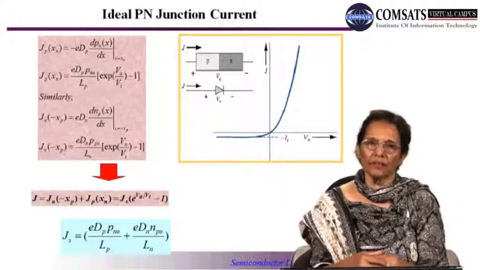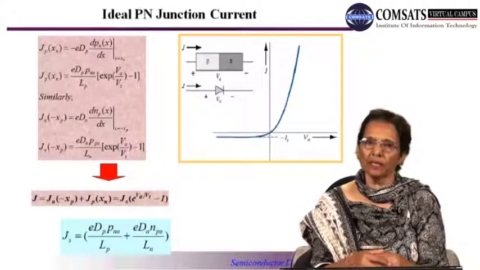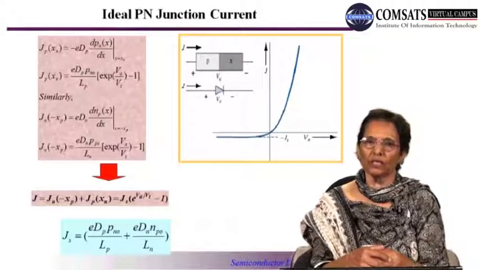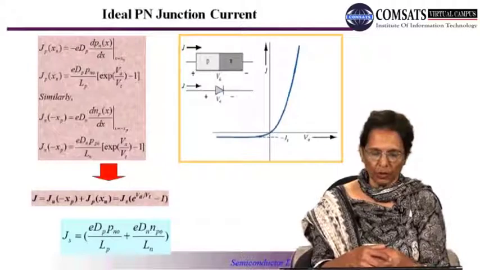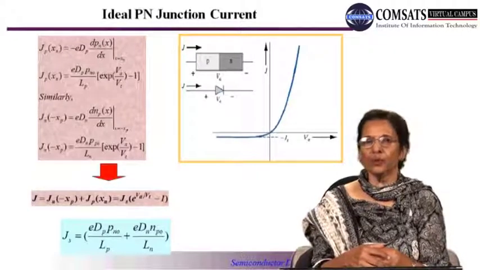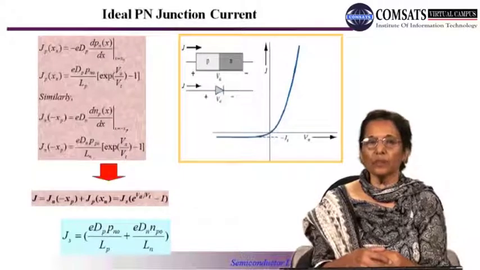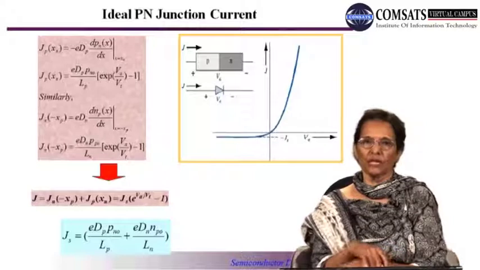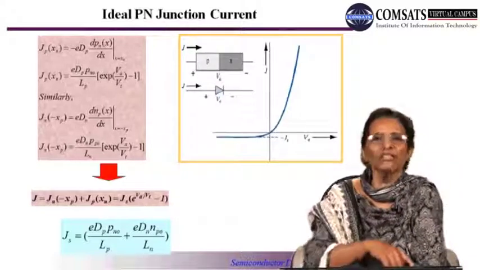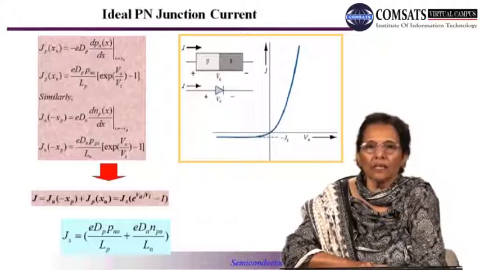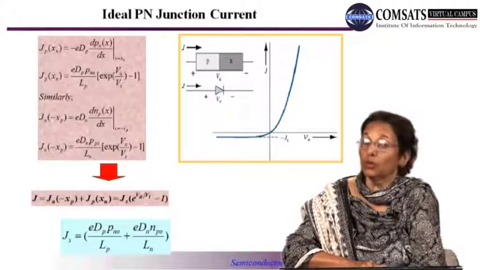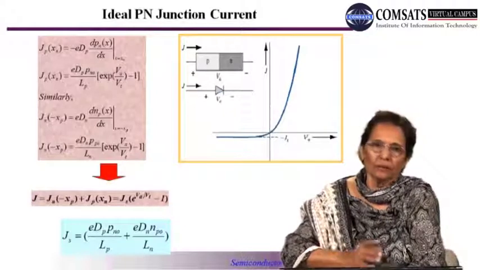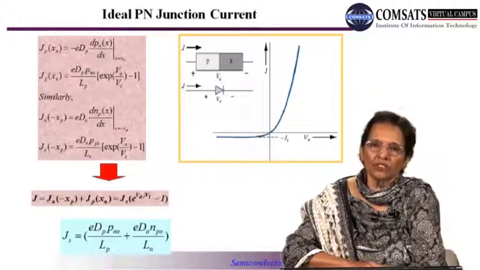So the total current density J is a numerical sum of the current component due to holes and the current component due to electrons, and again you appreciate that the variation is exponential, which comes from the fundamental assumption that the carrier concentrations in semiconductors, and hence the magnitude of current flowing across the junction, would be subject to the laws of Maxwell's distribution function, and hence their variation would be exponential.